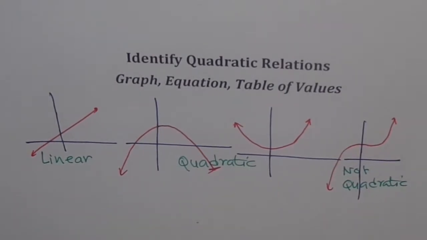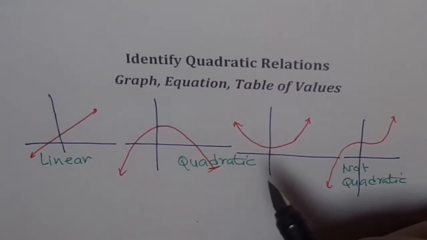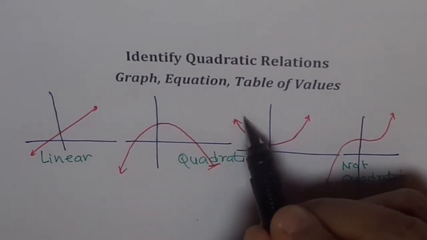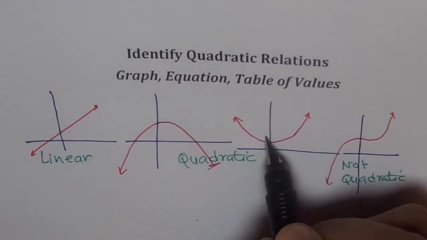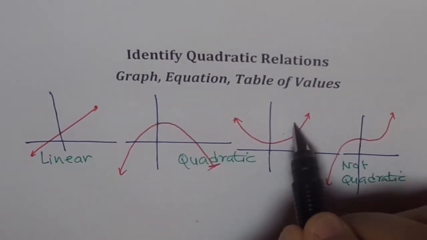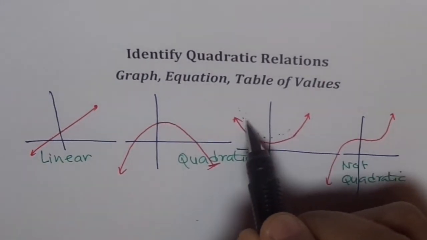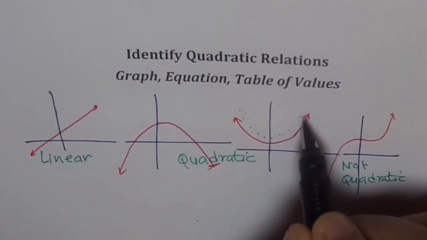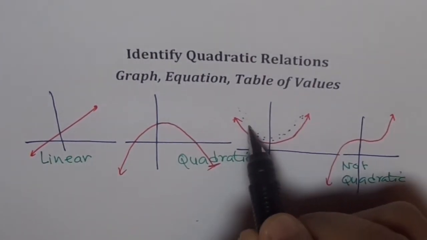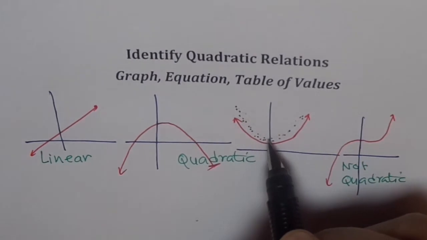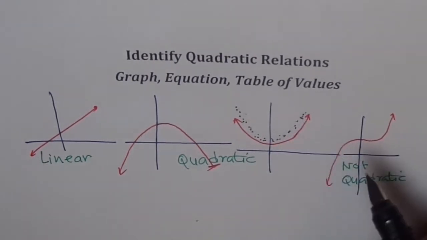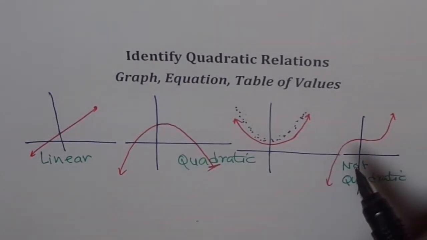So graph is a good way of figuring out whether it represents a quadratic relation or not, but it is definitely not a sure shot way of doing it. Sometimes we can have a scatter plot, right? So if you have points like this somewhere, and if the pattern of the points is kind of a parabola, then you can say that a line of best fit could pass through it, which can be modeled using a parabola or a quadratic relation.